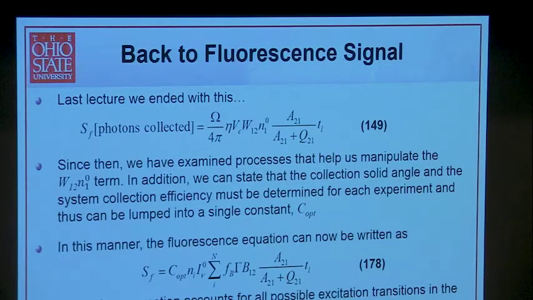Once we do that, our fluorescence equation is now written in a form that probably looks more like what you've seen in the literature. We have just our optics system, the Ni, which is the initial population, and our spectral irradiance.